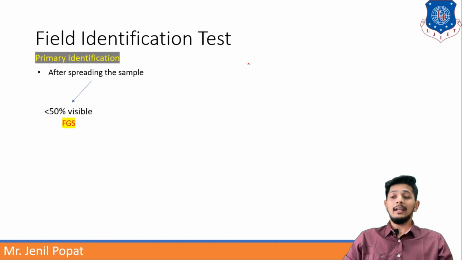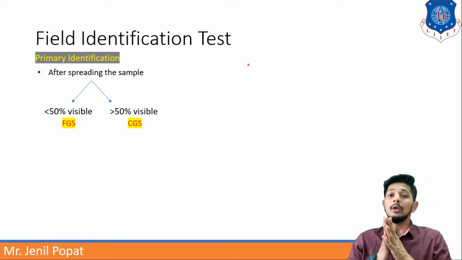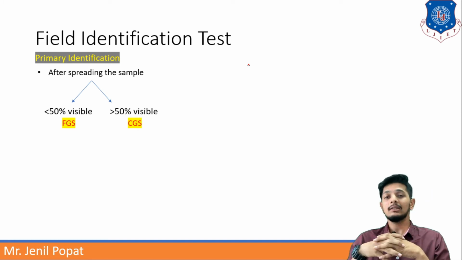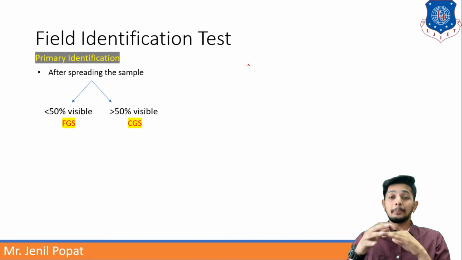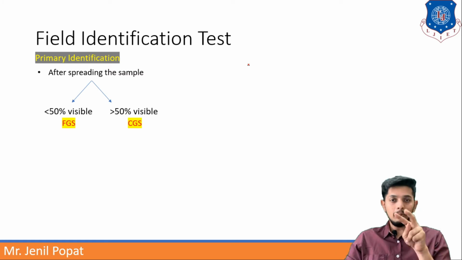If less than 50% of soil is visible, then it is a fine grained soil, and if more than 50% of soil is visible, then it is a coarse grained soil. So you should be able to decide on the field if it is FGS or CGS by spreading the sample and viewing it with the naked eyes.